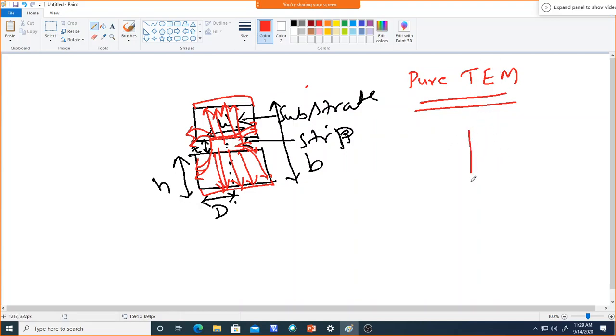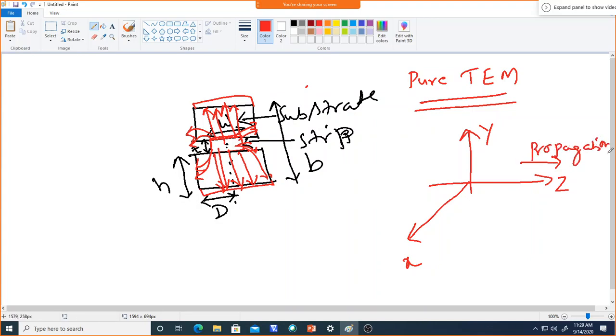That means, for example, if you take x, y, z, and your propagation is in the z direction, then your electric field and magnetic field are both perpendicular to the propagation direction.